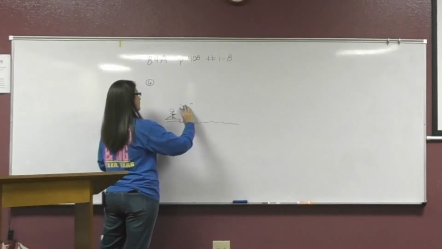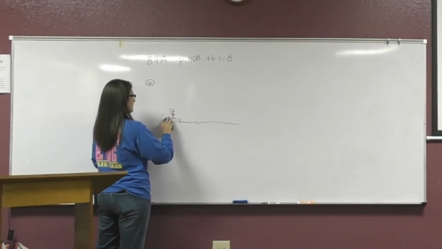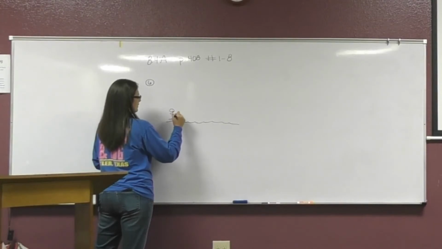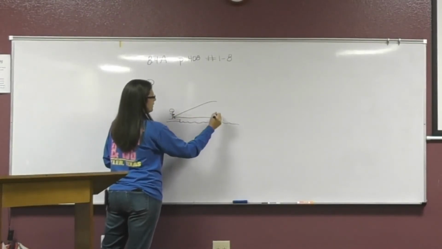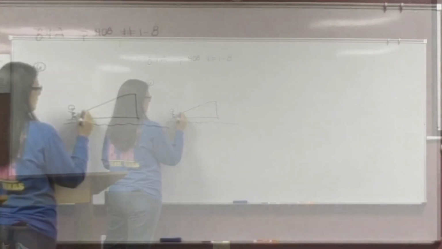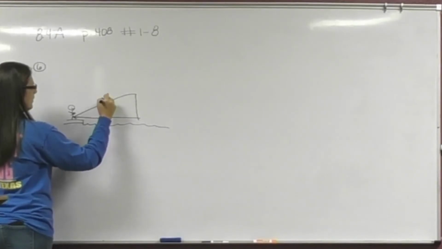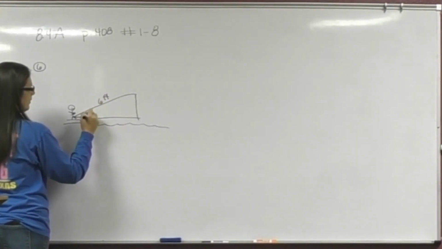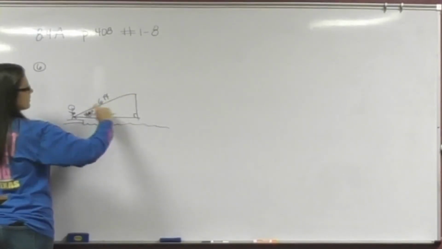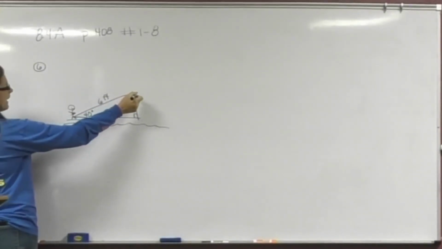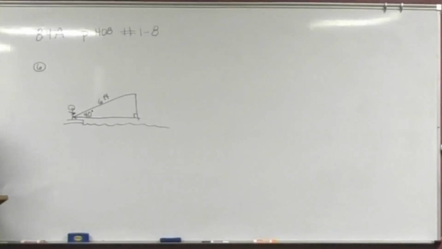Let me change this. This is kind of big to be doing this. My picture's kind of big. All right, so this is his pole, and no, we don't go by the picture.